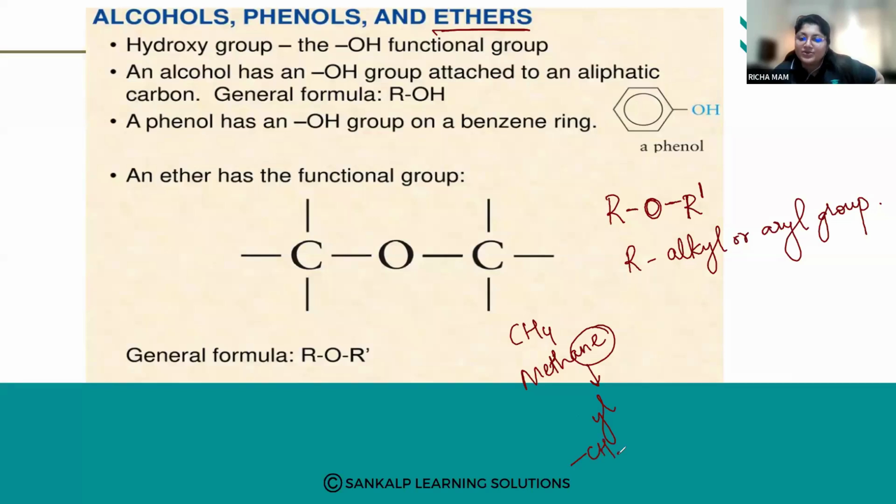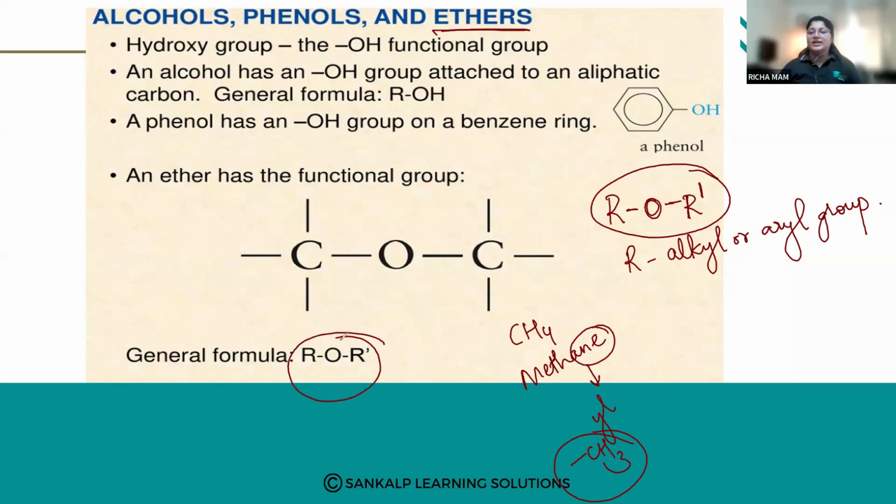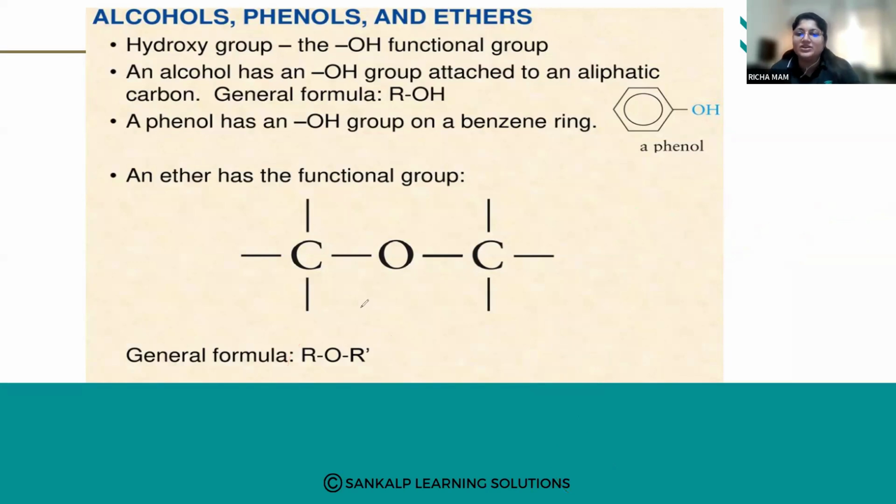Removing one hydrogen, you get CH3. So alkyl, or you can take any aryl group. This type of compound is called ether. The general formula is ROR', where R and R' can be alkyl or aryl groups. Understood?